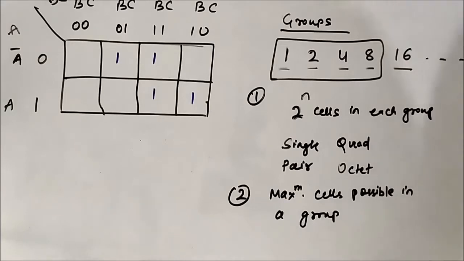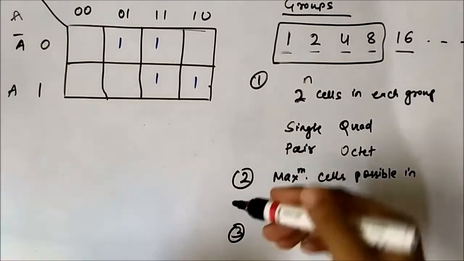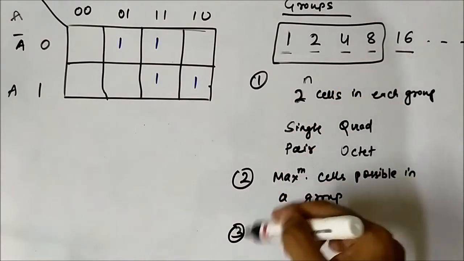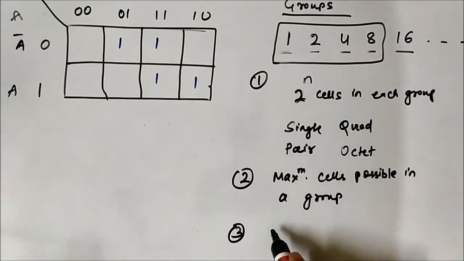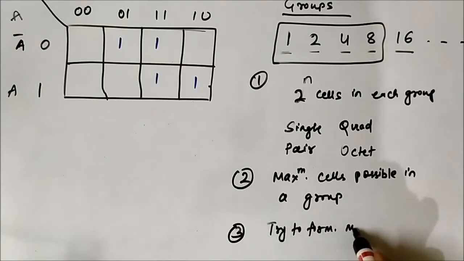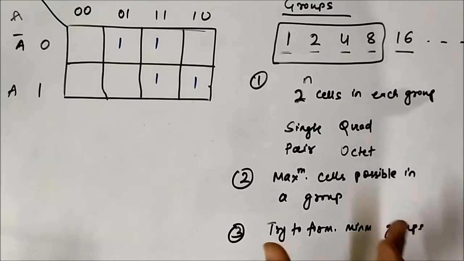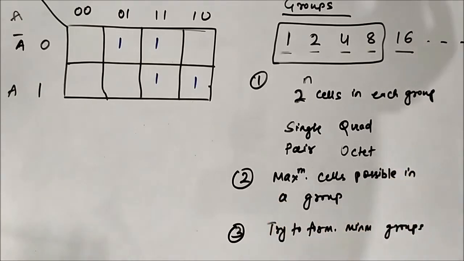And the third condition, which is actually interdependent, 2 and 3 are interdependent: try to form the minimum number of groups possible, because when more cells are accommodated in one single group, obviously fewer groups will be formed.